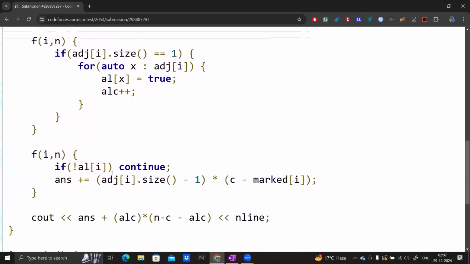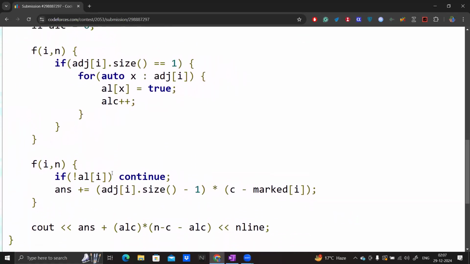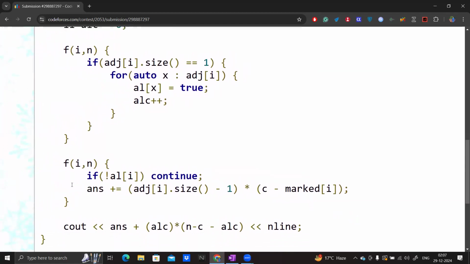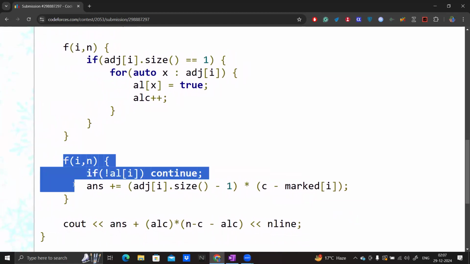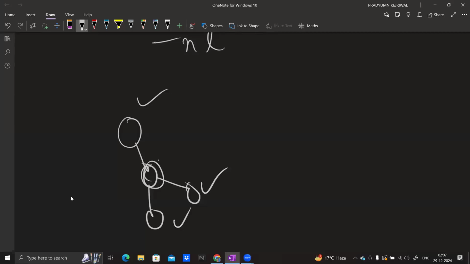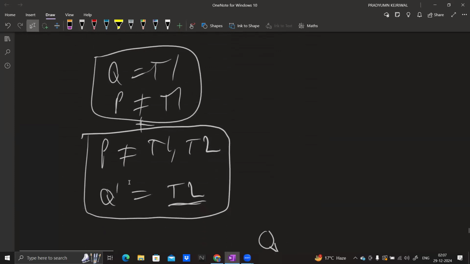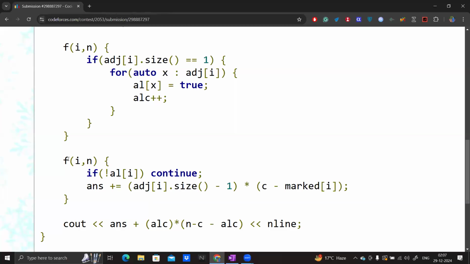Somehow it works because in this for loop, I'm adding the second thing, the second condition: P is not type 1 and type 2 and Q is type 2. So in this, I'm iterating over type 2, and this is degree minus 1 into the number of non-type 1 type 2 nodes.